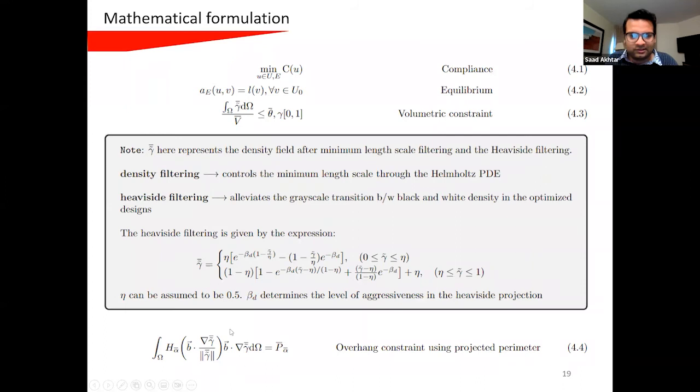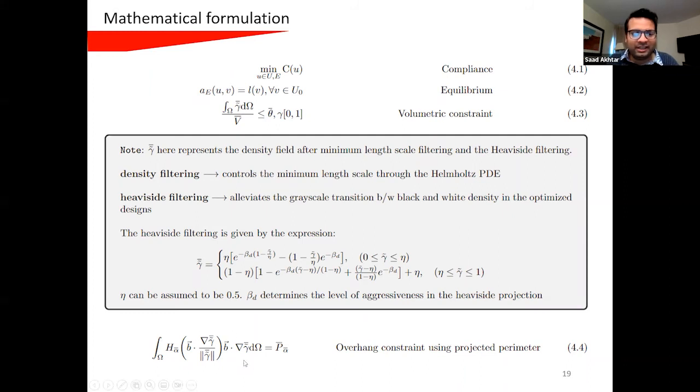The important part that I want to divert your attention towards is this fourth equation, which is the overhang constraint using the projected perimeter. Basically, we implemented the overhang angle constraint as a constraint within the topology optimization instead of a filter. That's the bigger difference with the other approaches. You constrain the overhang angle by actually constraining the projected perimeter that those overhang angles project on the base plate.